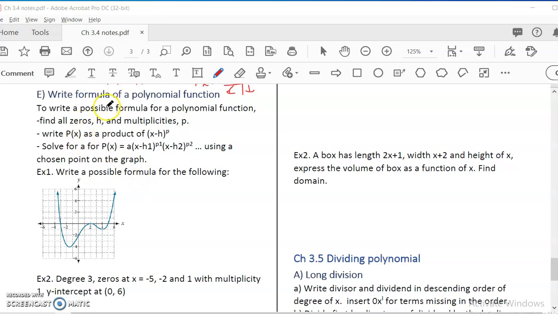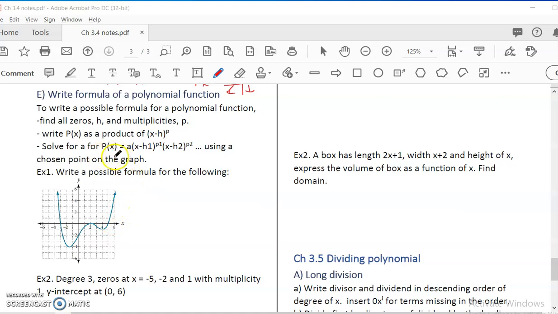To write a possible formula for a polynomial function, of course you have to find all the zeros from the graph. Write down the multiplicity, or the least multiplicity. If it is odd, then the least one would be either 1 or 3, depending on how it crosses the zeros, and it would be 2 if it bounces off.